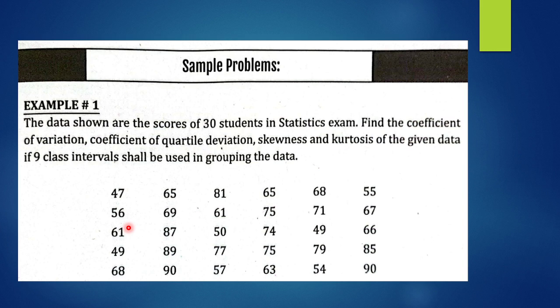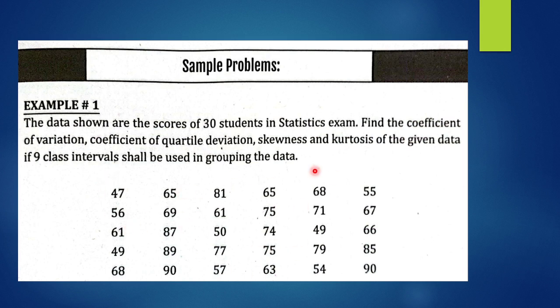Now, let's have some examples in order for us to understand what we've been discussing. Okay, so example number 1. The data shown are the scores of 30 students in a statistics exam. Find the coefficient of variation, the coefficient of quartile deviation, the skewness, and the kurtosis of the given data if 9 class intervals shall be used in grouping the data.